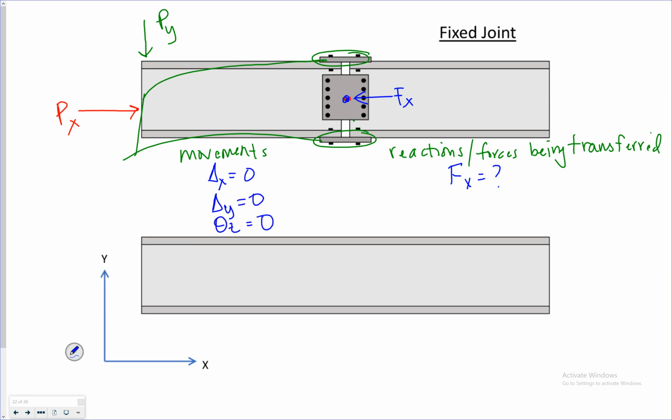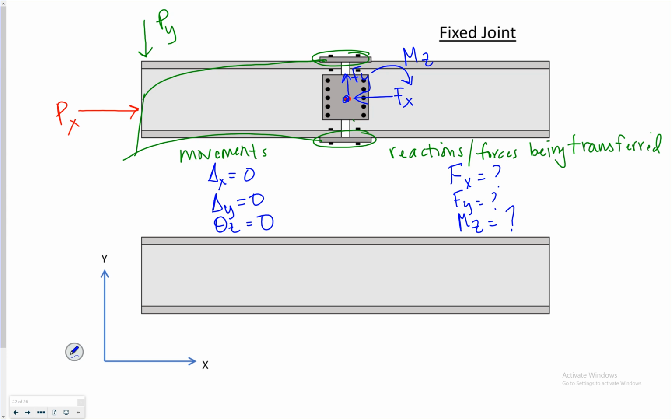What's preventing that is a force that's going to be transferred to the beam next door and some type of moment. So similarly to a fixed support, I have no displacement and no rotations, and I have forces and moments being transferred.